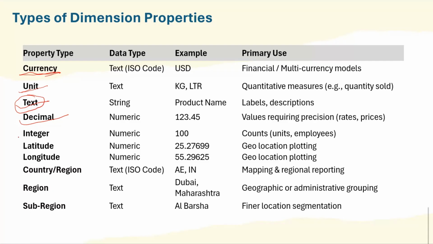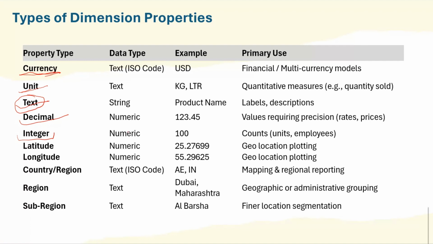Integer can be used in case of quantity, like how many quantities of a particular material. If we have purchase order master data, for example, for a particular PO document header, how many quantities are placed. I'm just giving an example because this is basically transaction data, but we can sometimes use it as master data as well.